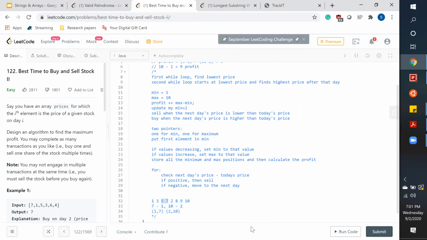So I think someone got it. If the current day's stock is higher than the previous day's stock, then add it to profit. And I can just keep doing this. Similarly, if I'm going from 2 to 10, and I know I'm going to buy at 2 and sell at 10, the difference between 2 and 10 is the same as the difference between 2 and 8, plus the difference between 8 and 9, plus the difference between 9 and 10.